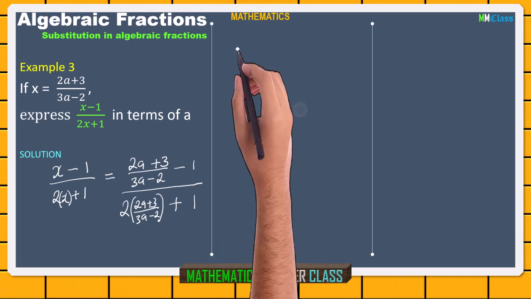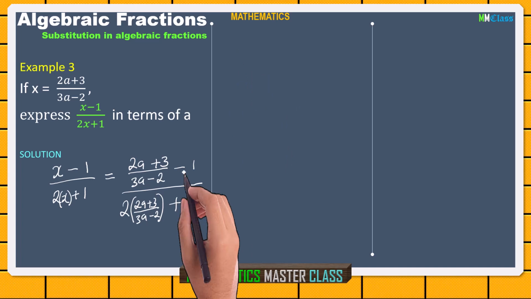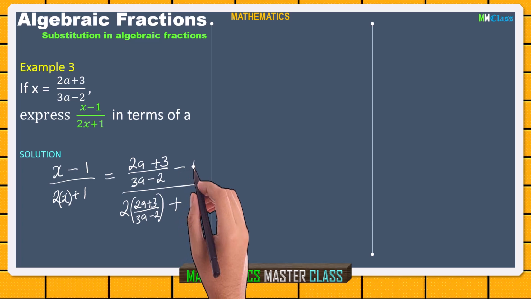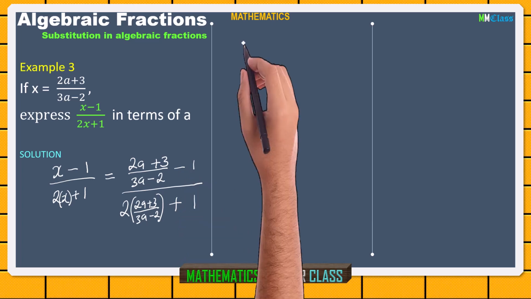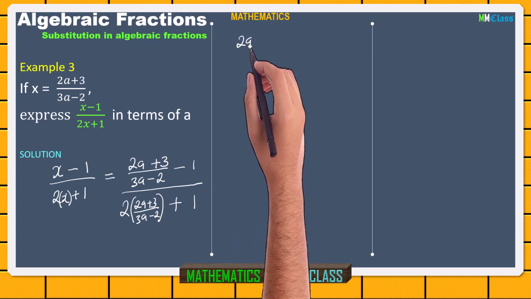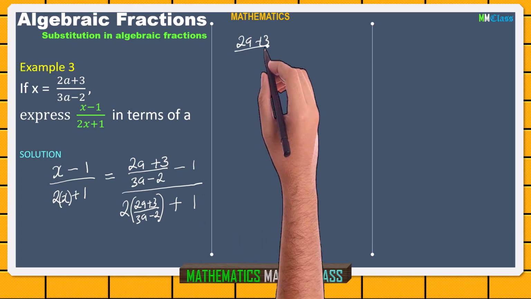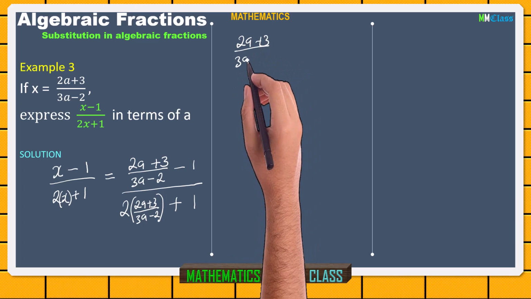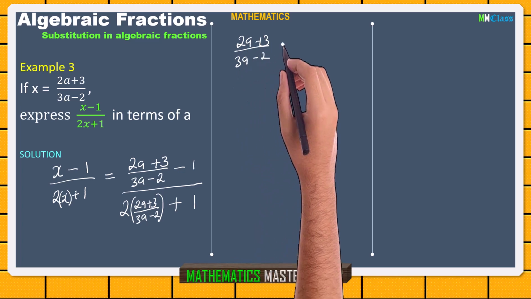Now the numerator is a fraction of its own, so we are going to solve it like that. Since this is 1, it will be good for us to write it again: 2a plus 3 over 3a minus 2, minus.